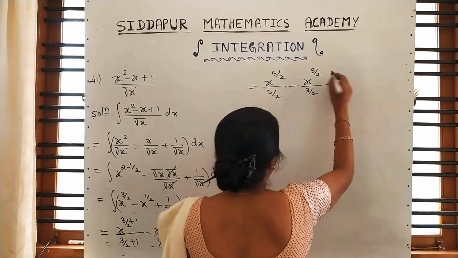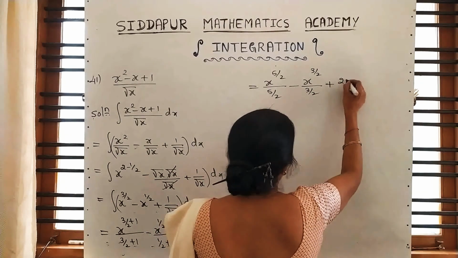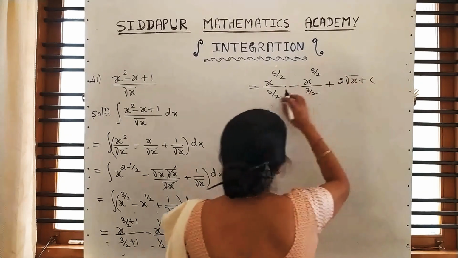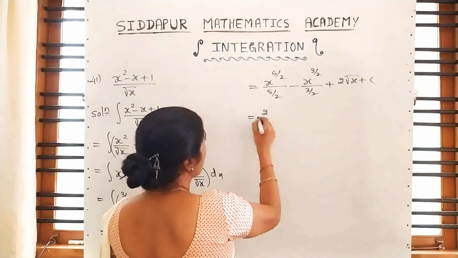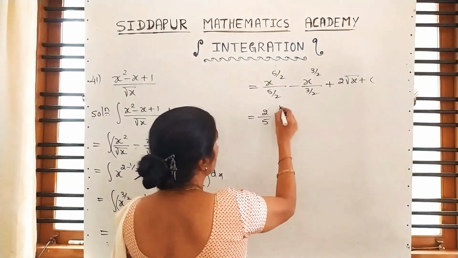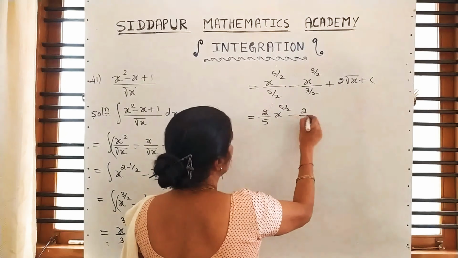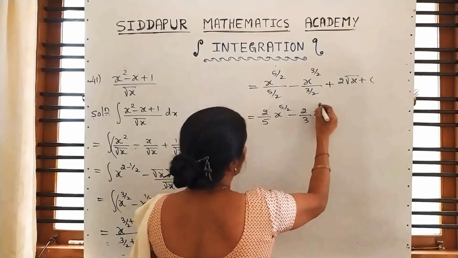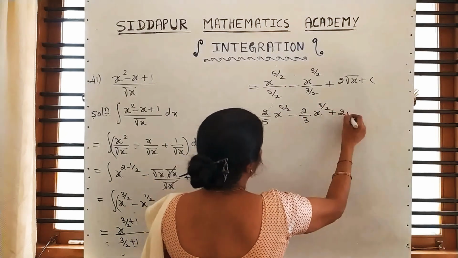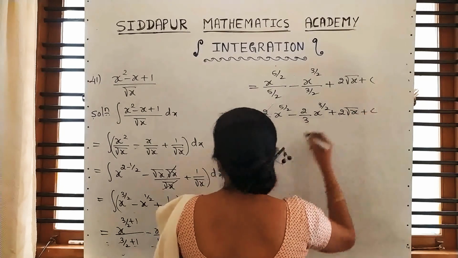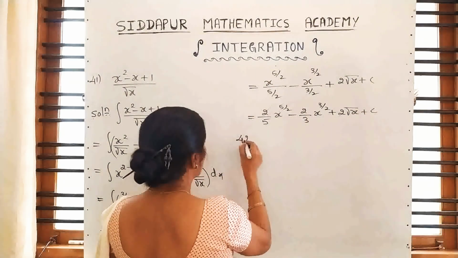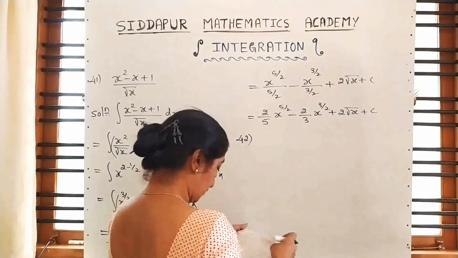And one already I wrote 1 by root x. This fraction goes up. Next, question number 42.